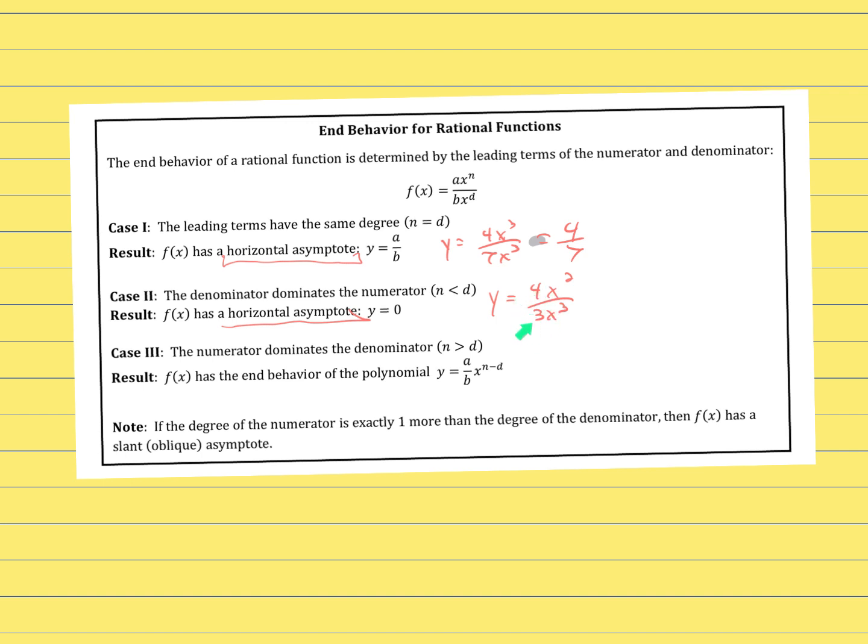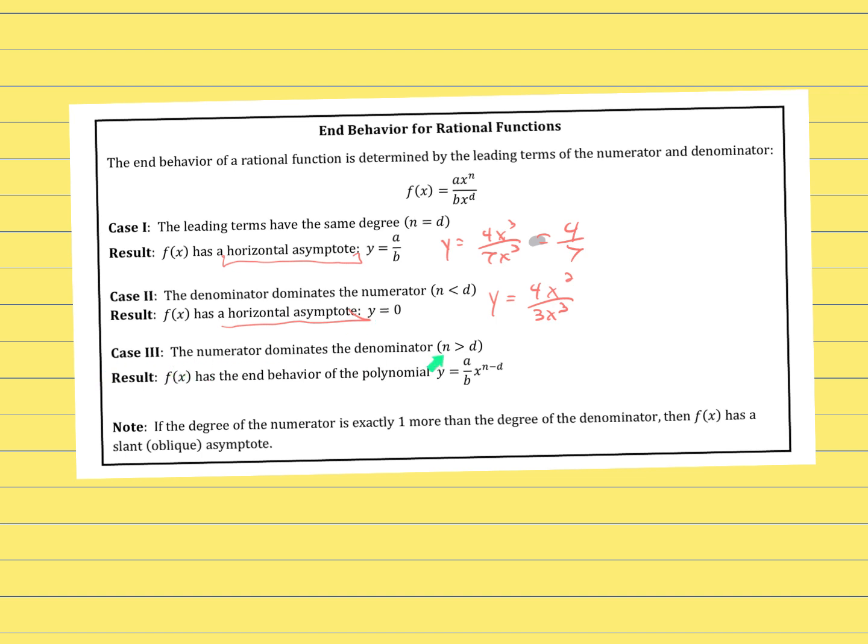Who cares what the coefficients are out in front? We're focusing all of our attention here on the numerator's degree and the denominator's degree. Here the denominator is 3, the numerator is 2. So even though this can simplify, we'll get to that in a second, this is my second case where we have y equals 0 as my horizontal asymptote.